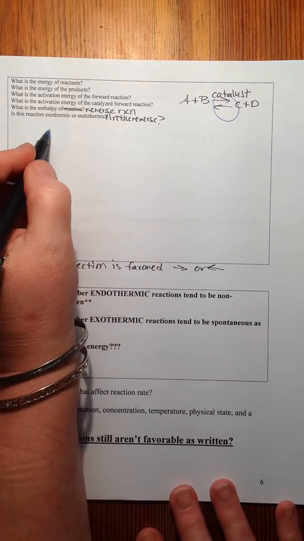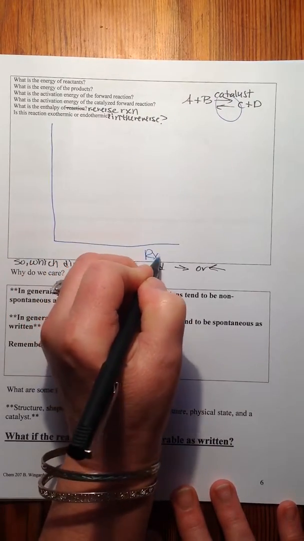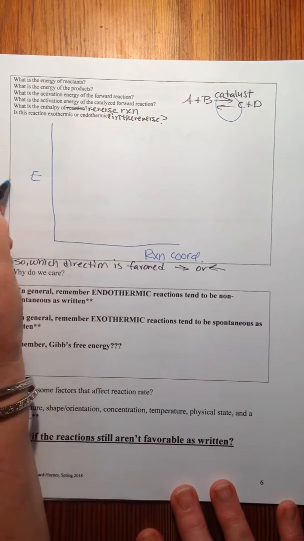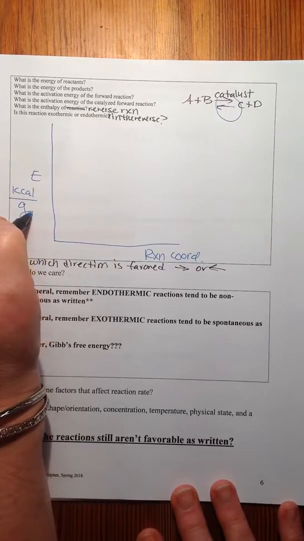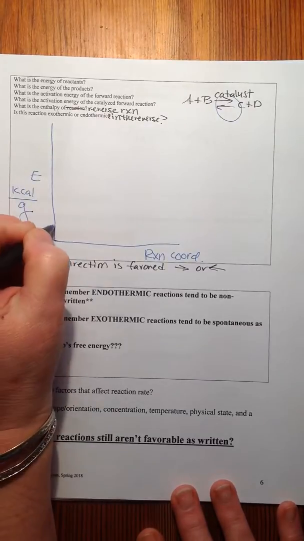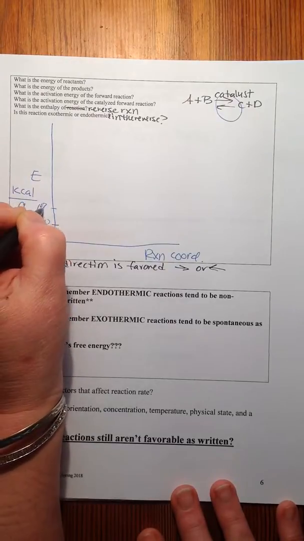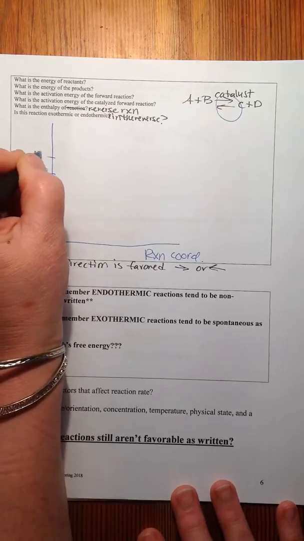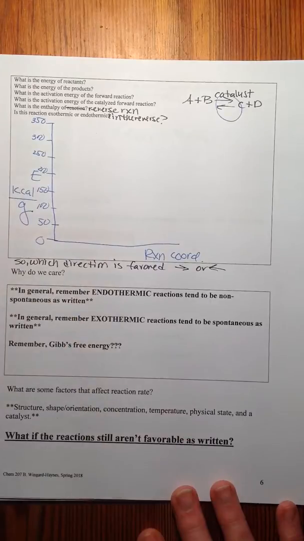So we'll make another graph. This is going to be our reaction coordinate. This is going to be our energy, and how about we call it kcals per gram. 0, 50, 100, 150, 200, 250, 300, 350.